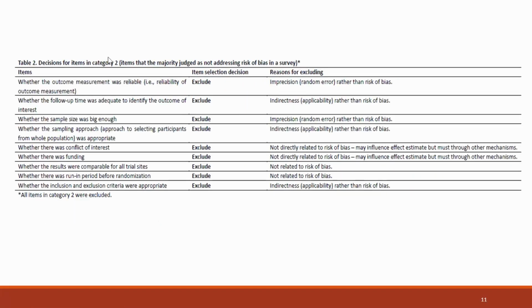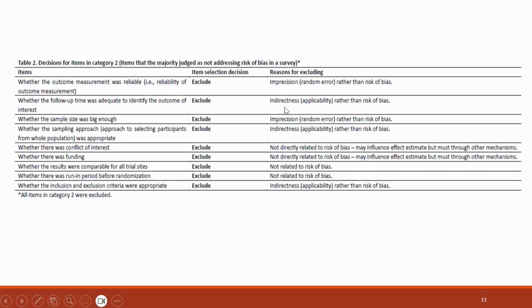So our category 2 included items where the majority of experts judged that it's actually not addressing risk of bias. These are items such as whether the outcome measure was reliable. So many experts thought this is rather addressing imprecision than risk of bias, or whether the follow-up time was adequate to identify the outcome of interest.